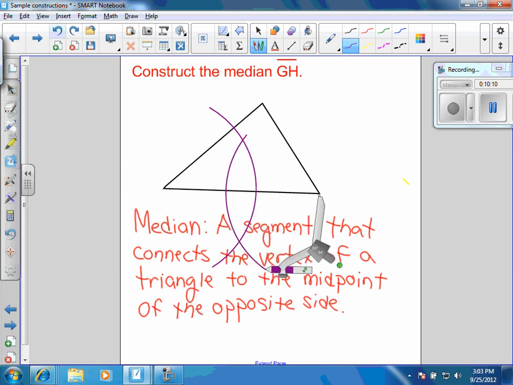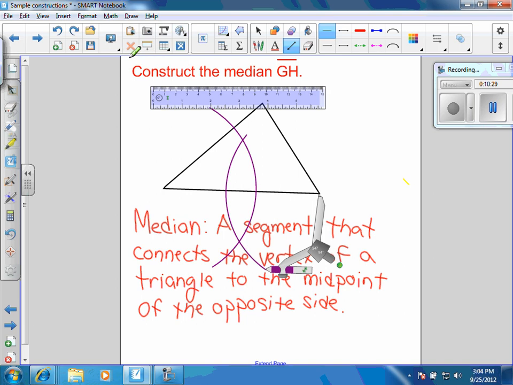Now I'm going to use a straight line instead of a straight edge because that smart straight edge doesn't work so great. I'm going to take a line and figure out where the midpoint is. Ooh, it's not going to let me do that either. So let me get my ruler. That is the midpoint there. So you have to locate the midpoint with your ruler.